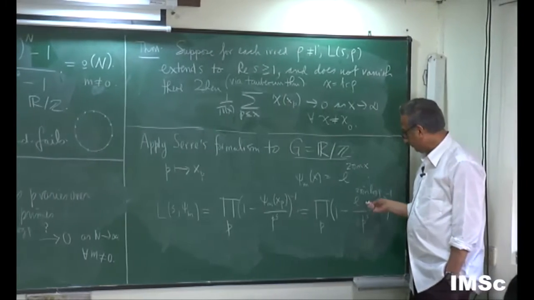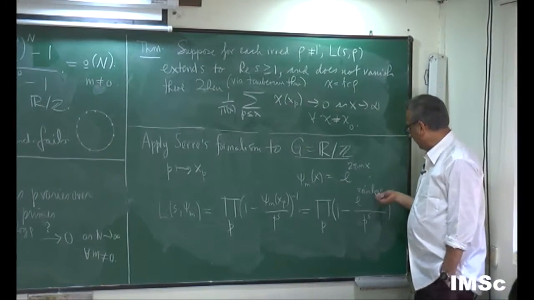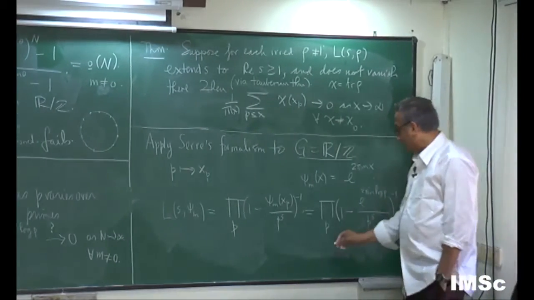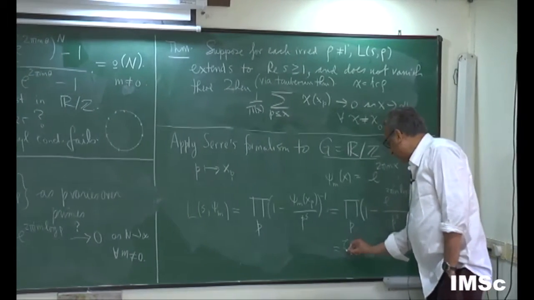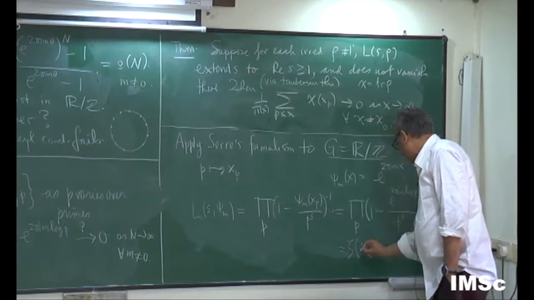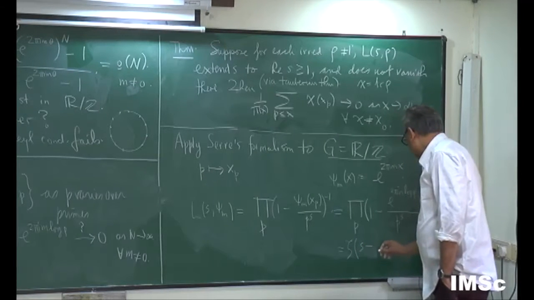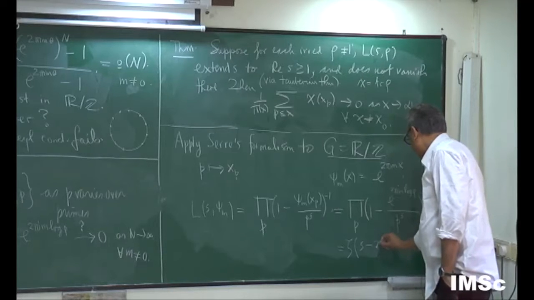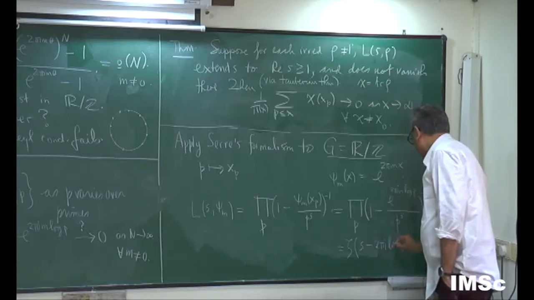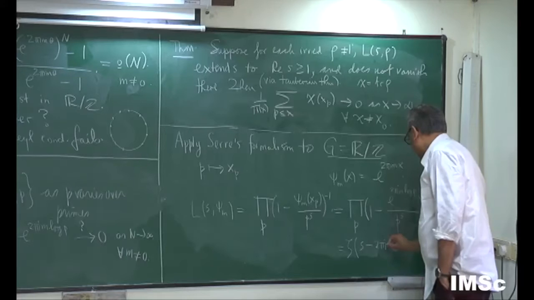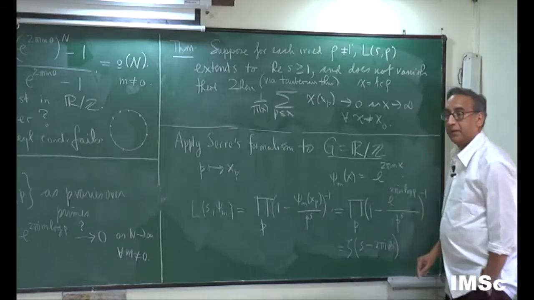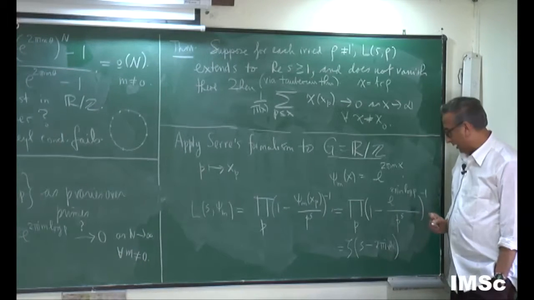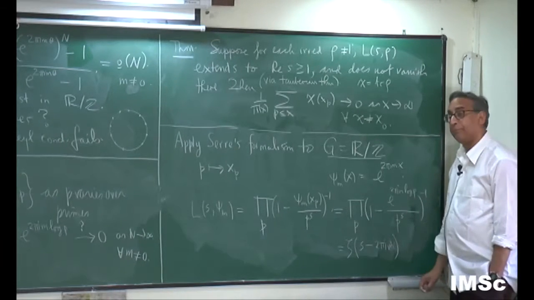Now e to the log p is just p, right? So this looks like a familiar object, doesn't it? It looks like the Riemann zeta function. This is the Riemann zeta function at s minus 2 pi i m.